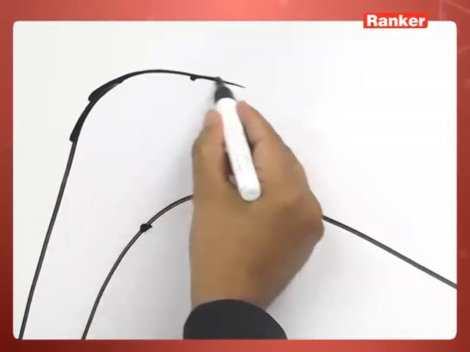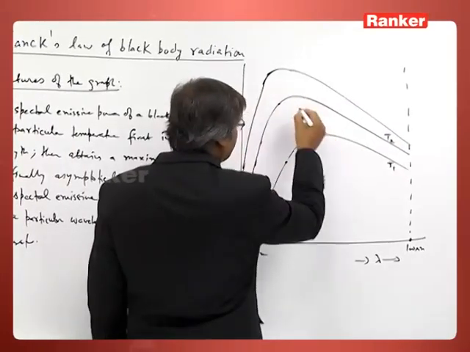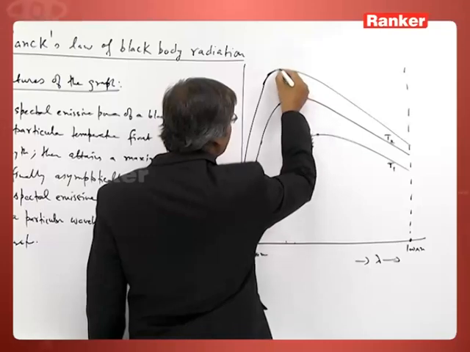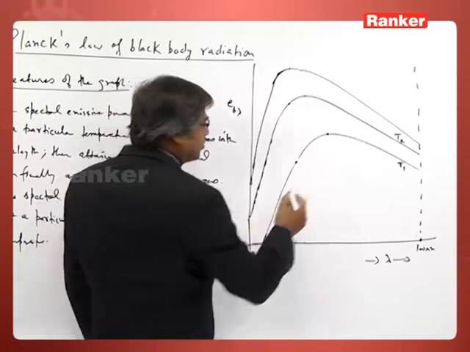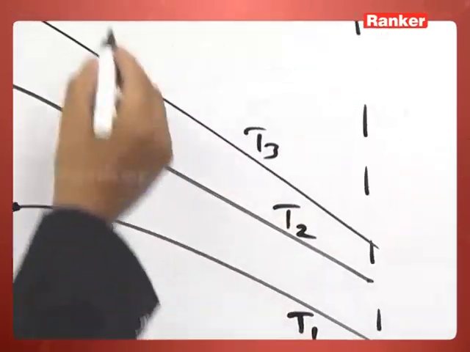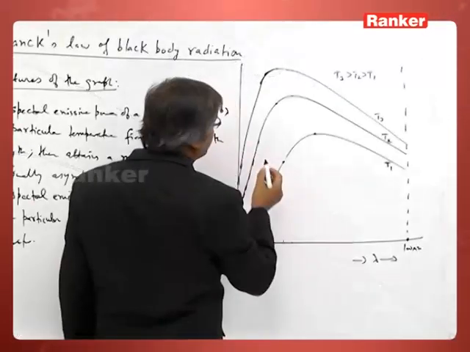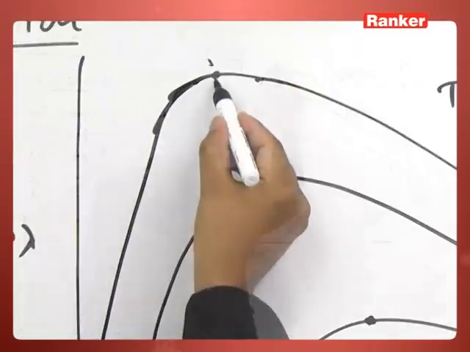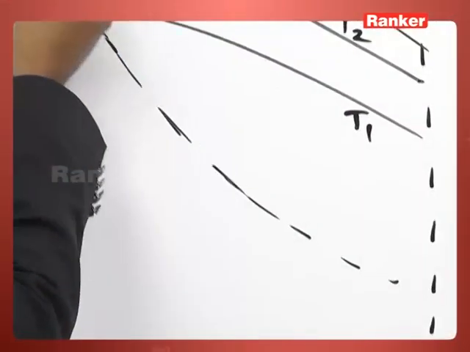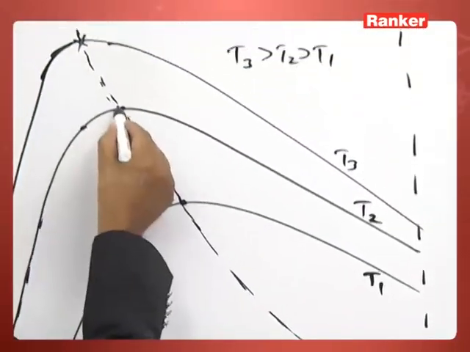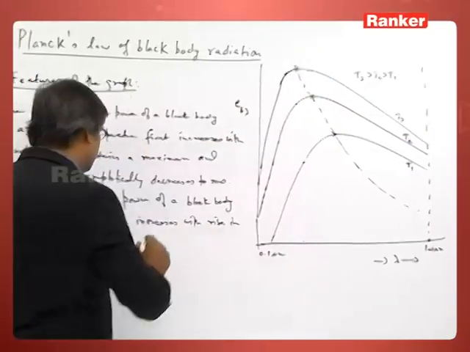So, on further increment of temperature, now let us see the maximas. You see, these are the maximas. So, at different temperatures, T3 is greater than T2 is greater than T1. So, you see if I plot these points, this one, if further is there.